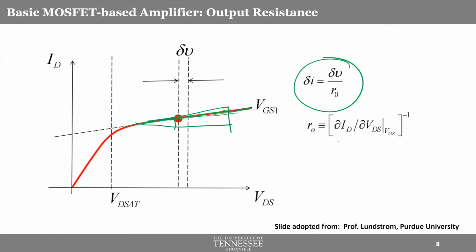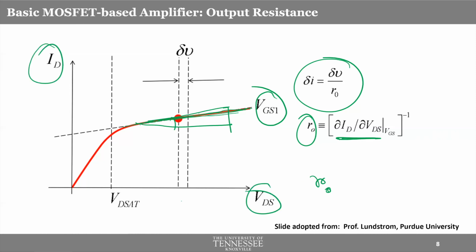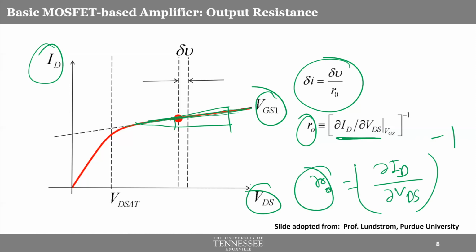And you see, we just literally use the same characteristics, ID versus VDS. But remember, we have to calculate that for one particular VGS here. So output resistance, why are we calling it output resistance? Because we are calculating it from the output characteristics, ID versus VDS characteristics. And the inverse of the slope of ID versus VDS characteristics, just the inverse of the slope, is the output resistance.